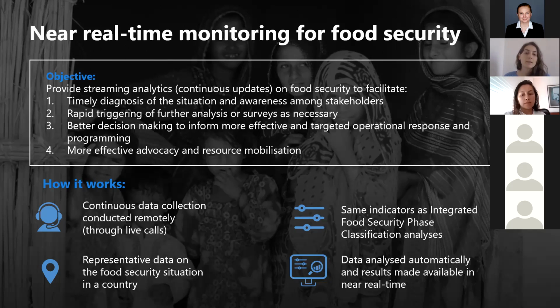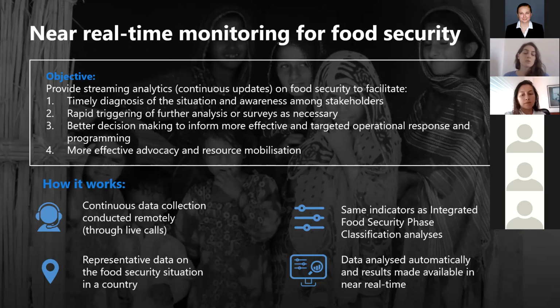On a daily basis, we perform these phone surveys through call centers around the world that speak local languages, and of course we're not able to collect a given amount of data on a daily basis that is representative of every region, every province.